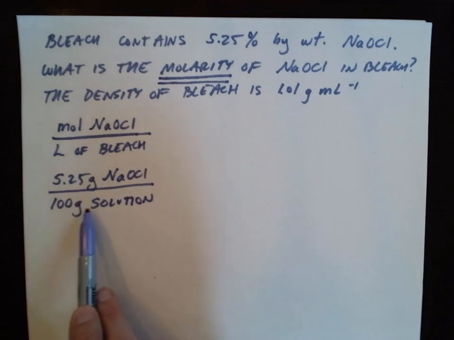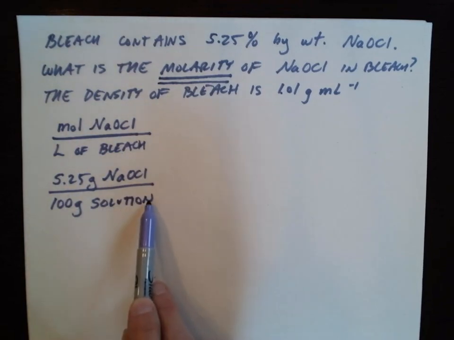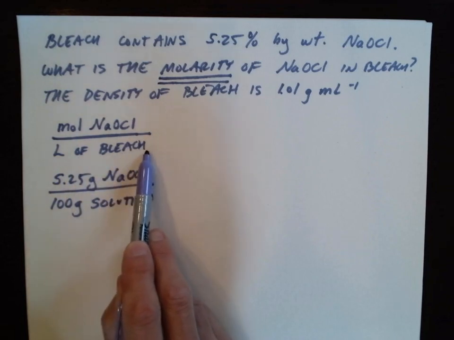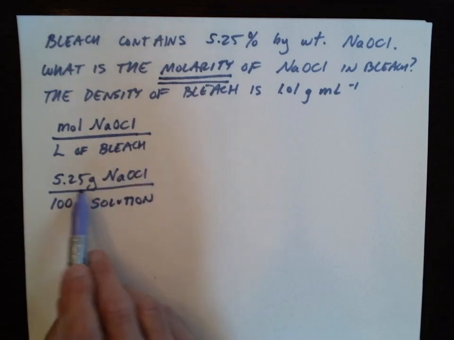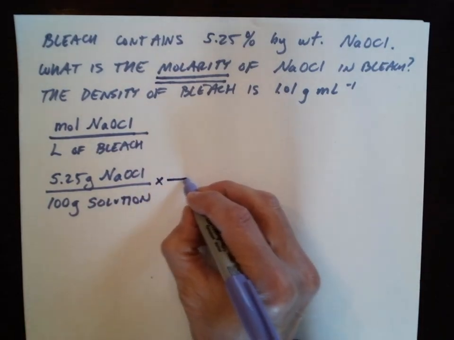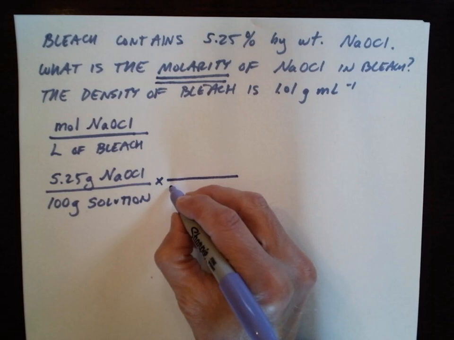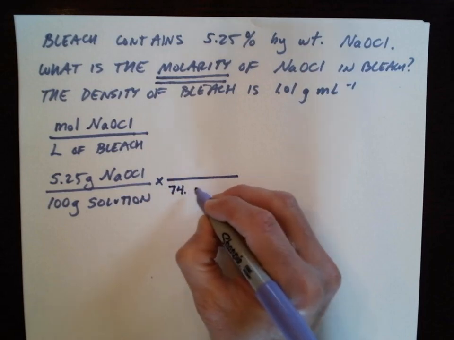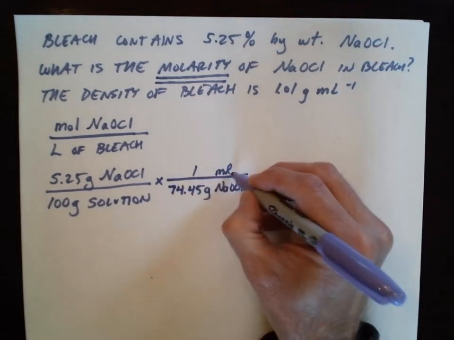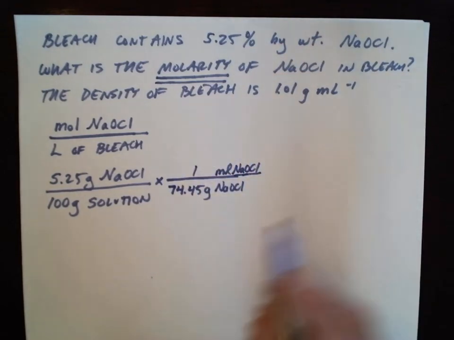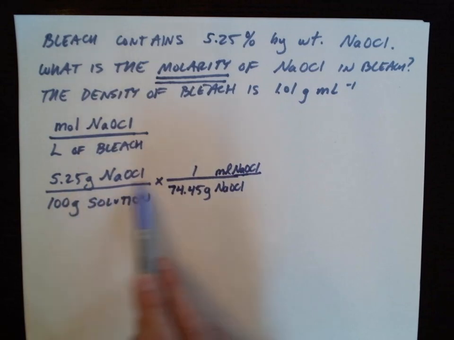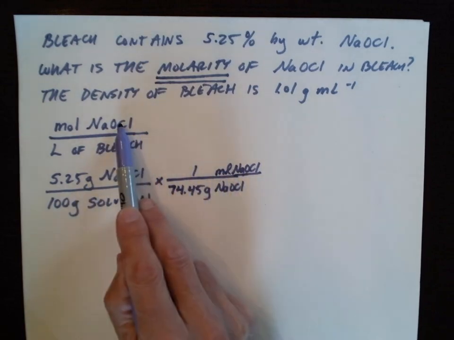Also, we have grams of solution on the denominator, whereas we want liters of solution, bleach is the solution, on the denominator. Let's attack the numerator first. That's fairly easy if we remember that the molar mass of sodium hypochlorite is 74.45 grams in a mole. So this step here allows us to convert the numerator from grams of sodium hypochlorite to moles of sodium hypochlorite, which is what we want.